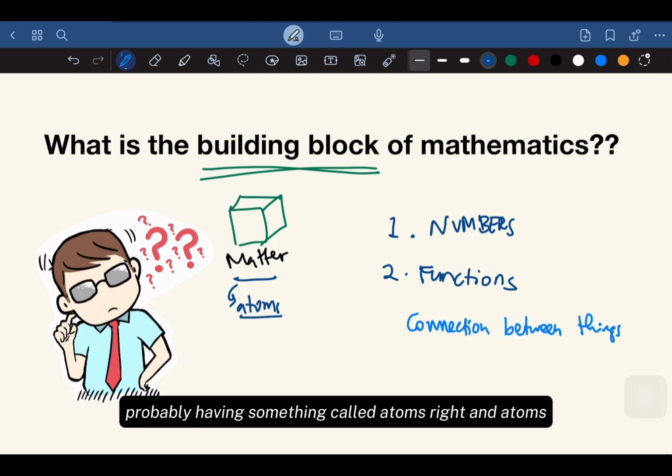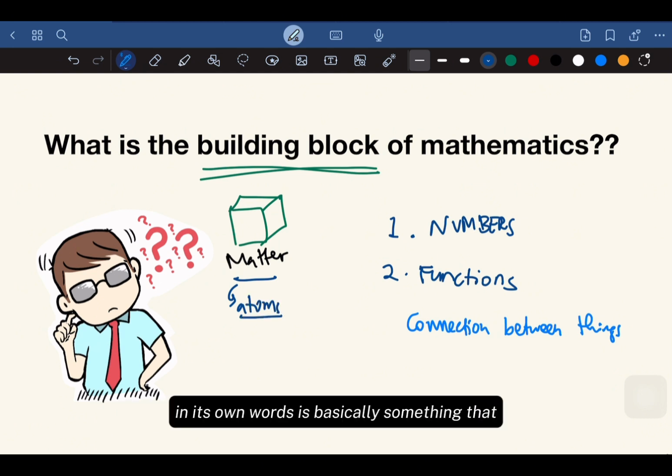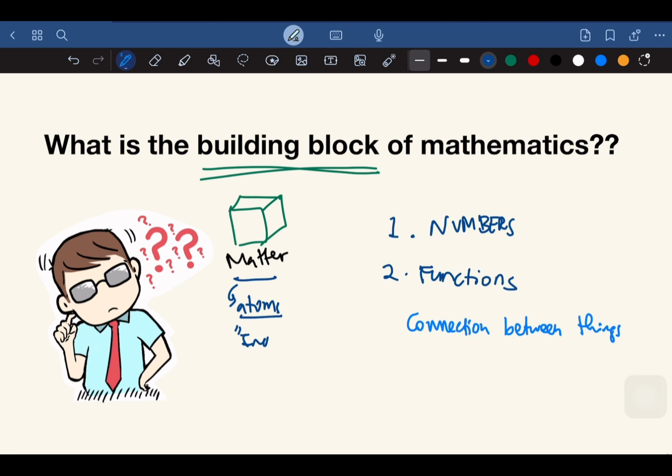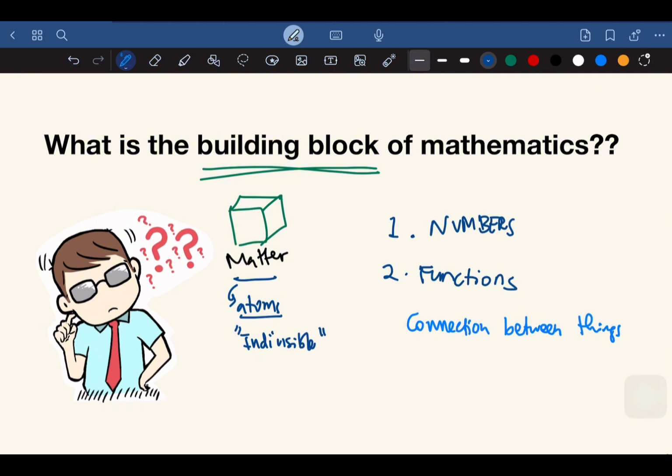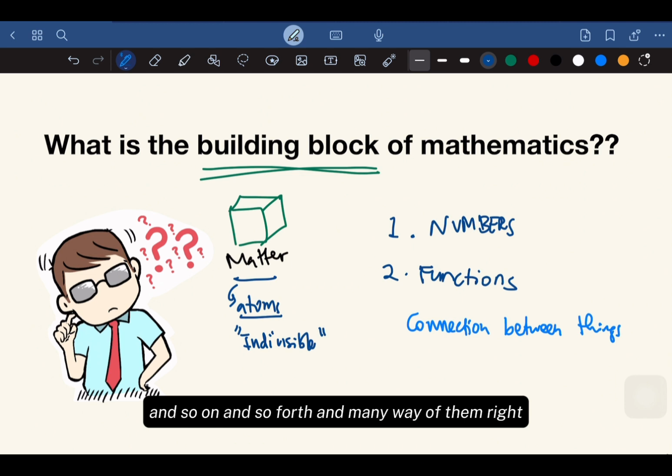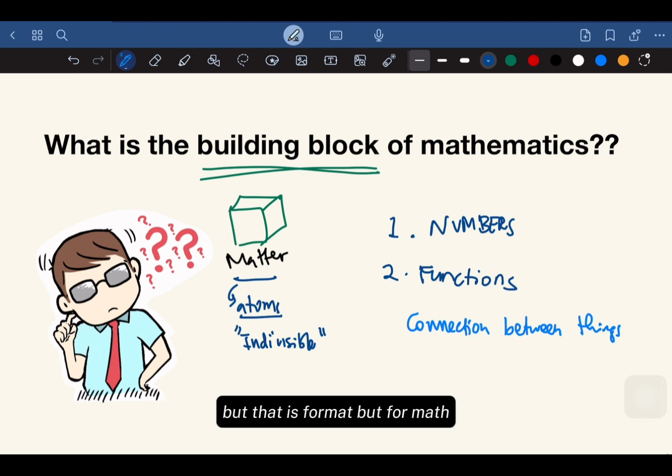And atom, in its own words, is basically something that is not divided, or indivisible. But then science progressed so far that we found the proton, electrons, even the quarks, leptons, and so on and so forth. But that is for matter.